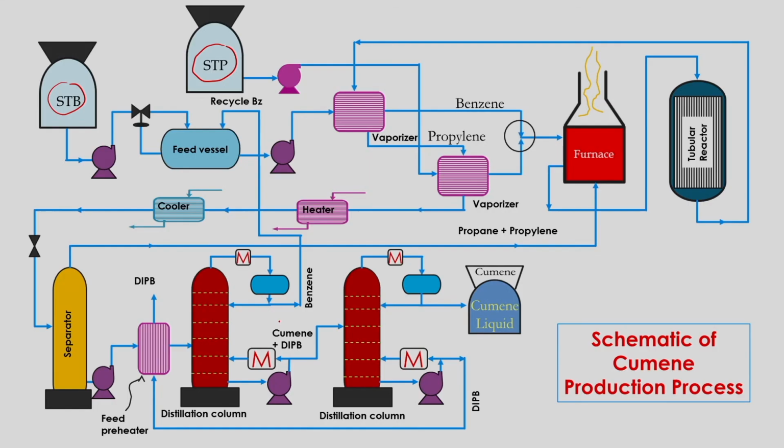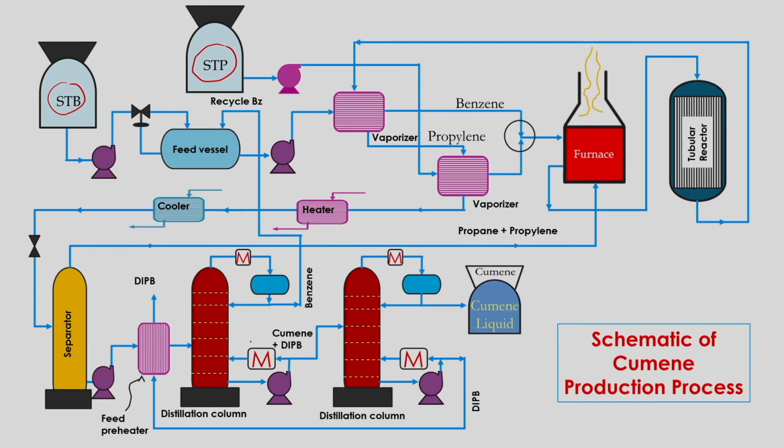From the distillate, benzene along with a small amount of cumene will be separated as the distillate product, and the benzene will be recycled to the feed vessel of the fresh benzene feed, and then sent again to the reactor after vaporizing.